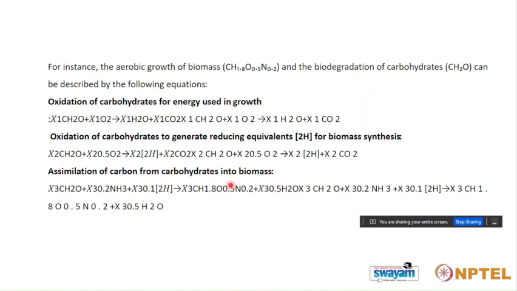It can be utilized for producing energy, which will be utilized for the maintenance of cell growth. Then it can be used for generating reducing equivalents, which are nothing but H plus ions, or it can be utilized for synthesizing biomass components. So in this way, carbohydrates are utilized.